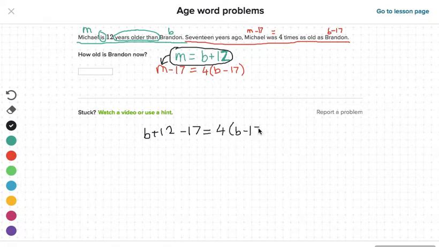And you can see here we've got an equation now in one variable, so we can solve it quite easily. Let's distribute first, and then we'll deal with combining like terms and so on. So we've got B plus 12 minus 17 equals 4B minus, and 4 times 17 is 68.